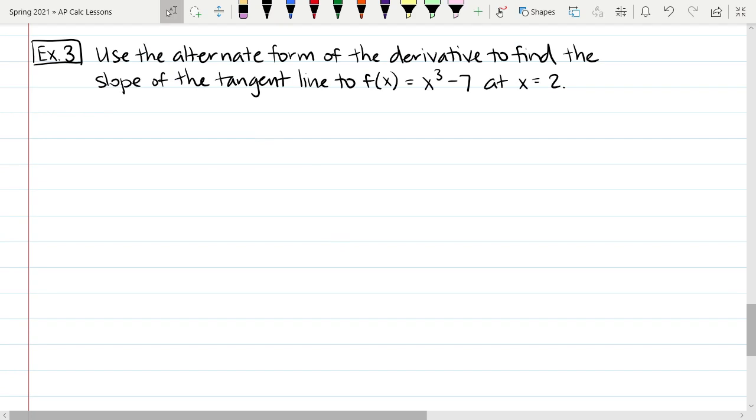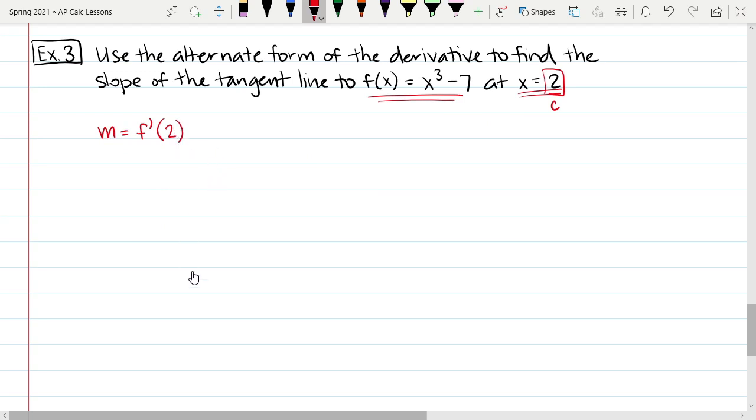Okay, so use the alternate form of the derivative to find the slope of the tangent line to f of x equals x cubed minus 7 at x equals 2. So this is my f of x right here at x equals 2. So in other words, 2 is my c value. Okay, so if I'm finding the slope of the tangent line, that's our m, better known as f prime. And I'm trying to find f prime of 2.